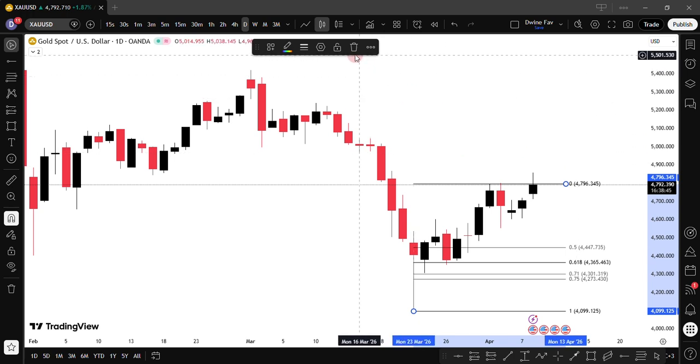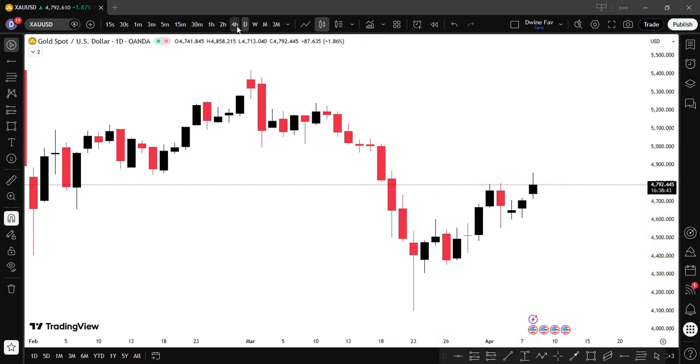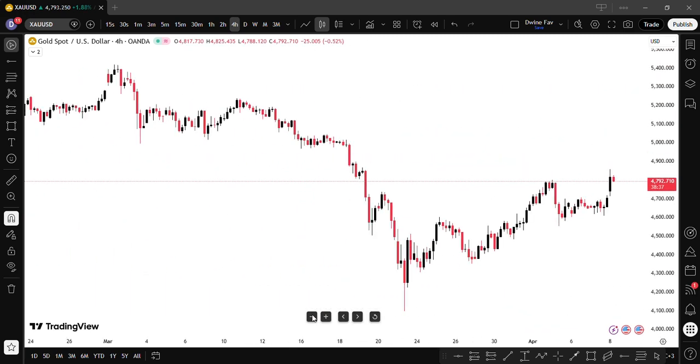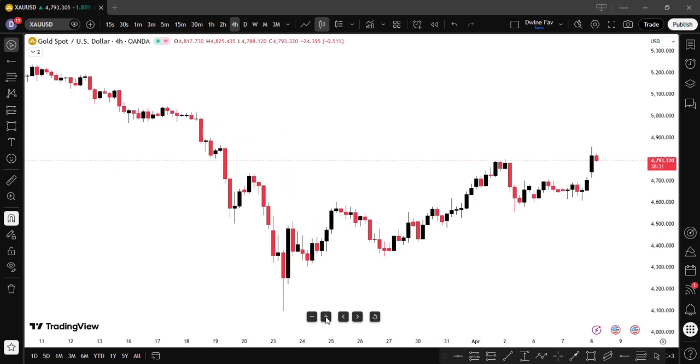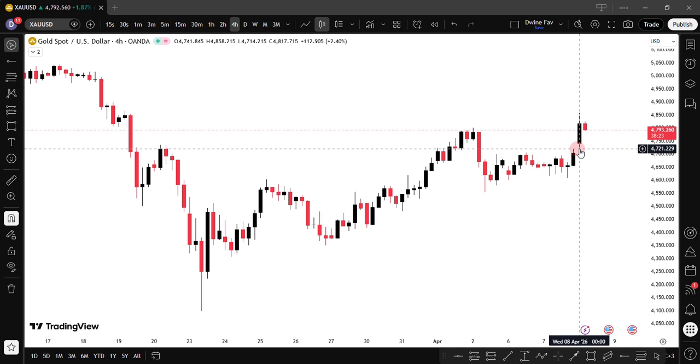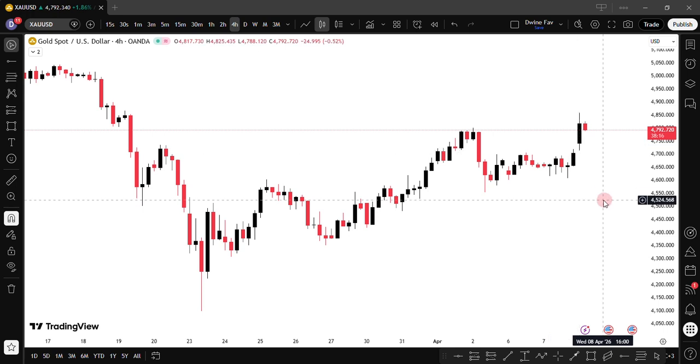Okay, so let's check on a 4 hour to see what's happening. On the 4 hour, it came down, then went up. Now it has reached a region. Now it's testing this resistance point, then it can go up. But remember, we have this gap. This gap needs to be filled. Either way, that gap needs to be filled.